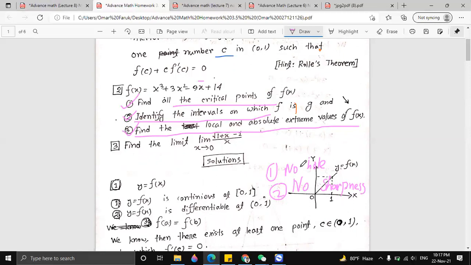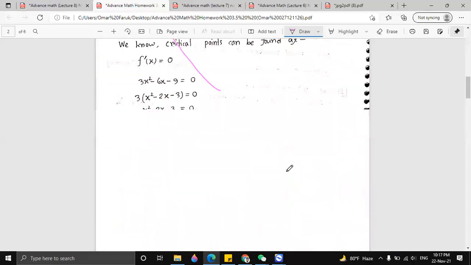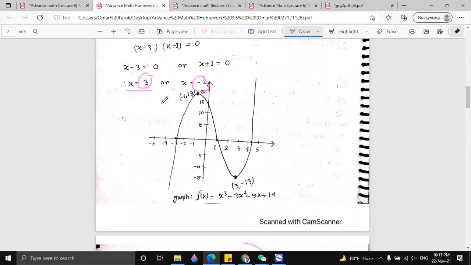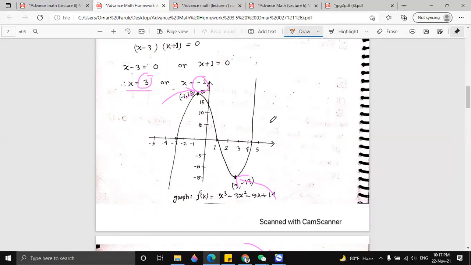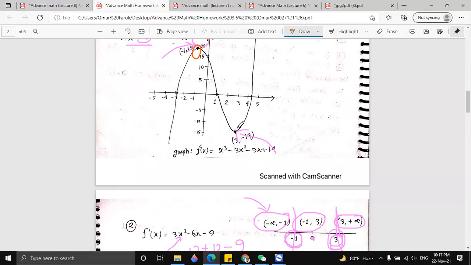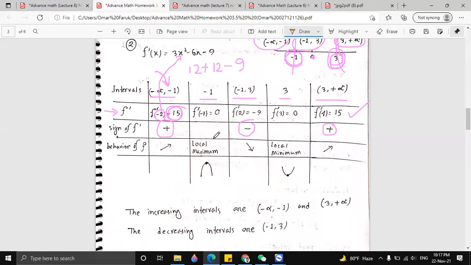If you look very closely, you can see this point here and this point here, these 2 points are our local extreme points. So we can write here that this is our local maximum, and this is our local minimum.